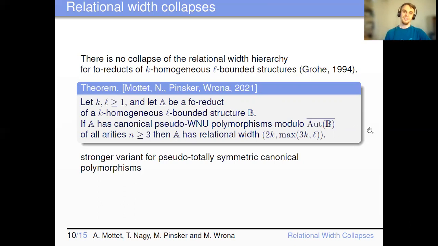Note that this again generalizes the result for finite domain CSPs, because as I have already mentioned, every finite domain CSP is a reduct of a one-homogeneous two-bounded structure, and if you plug it in here, you exactly obtain that if it has bounded width, it has relational width (2,3). And it is not so hard to prove from our proof that there is a strong variant of the theorem if you replace canonical pseudo-weak NUs by pseudo-totally symmetric canonical polymorphisms.